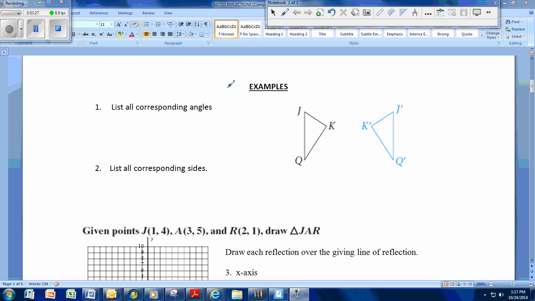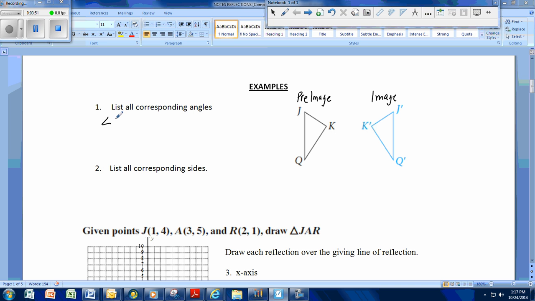Okay, so let's try some examples. Here are two shapes. The one without the prime notation is called the preimage, again. And the one over here with the prime notation is called the image. The first thing we're going to do is list all the corresponding angles.